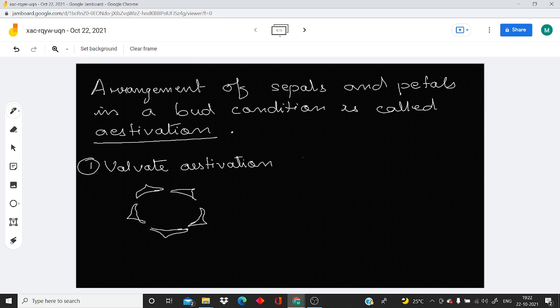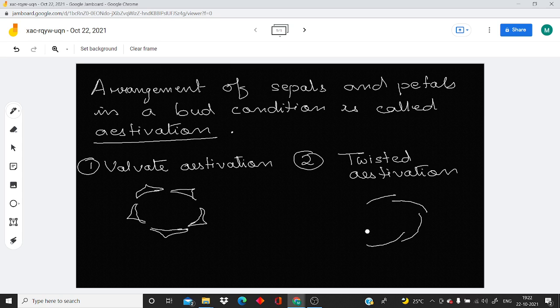Or even if there are petals, if the petals are also free, then they will be called valvate estivation. Okay. Then the second type is called twisted estivation. In the twisted estivation, one side of the petal will be inside, other side will be outside. Okay?